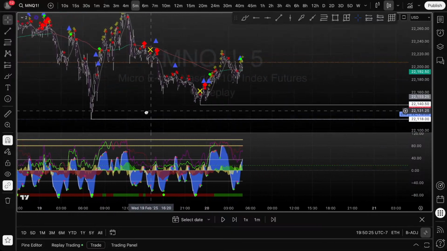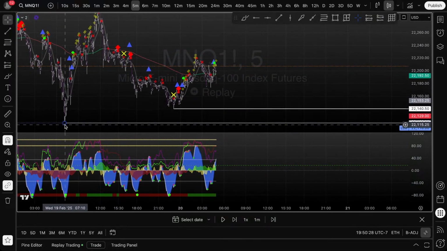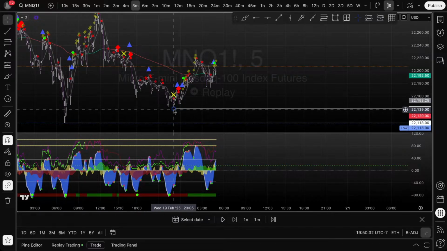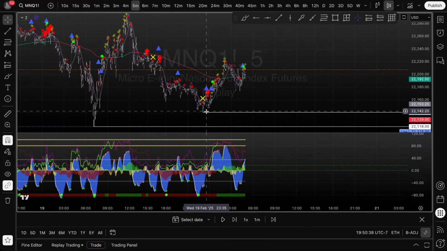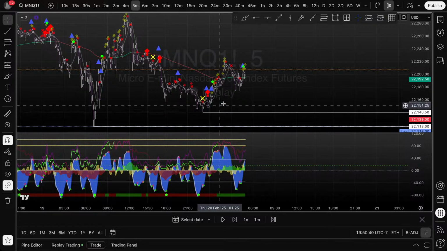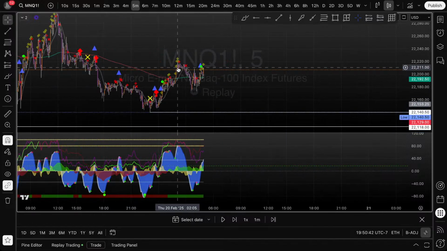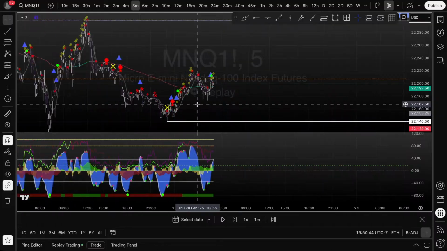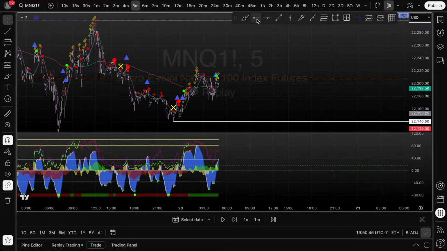Still got some New York lows from a couple days ago. We got some Asia lows from the day before. London high here.